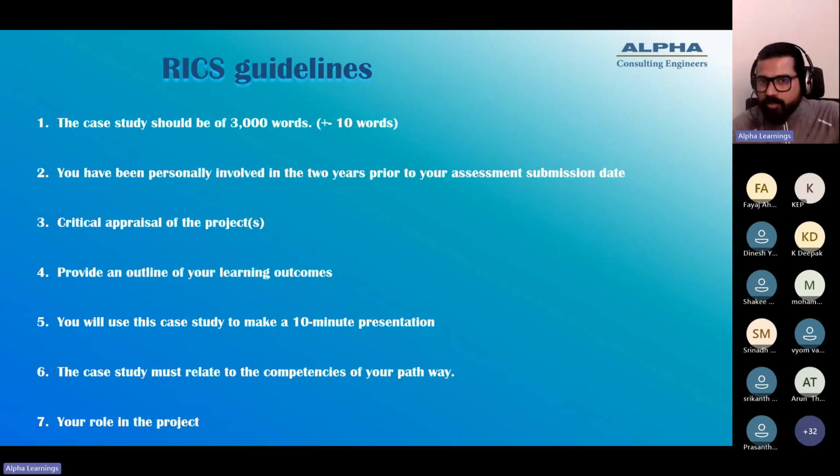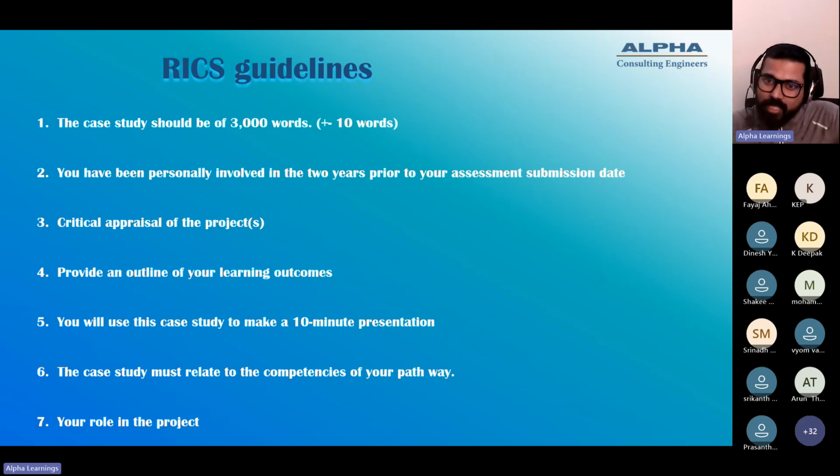During the preliminary window, that is in February 2025, it is valid. You can submit. But when you go for final submission in September 2025, your case study will be no longer valid.